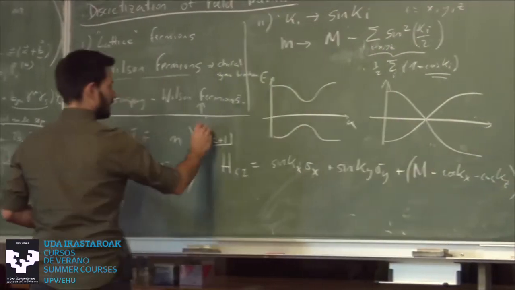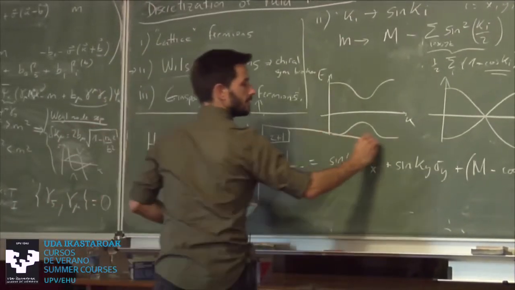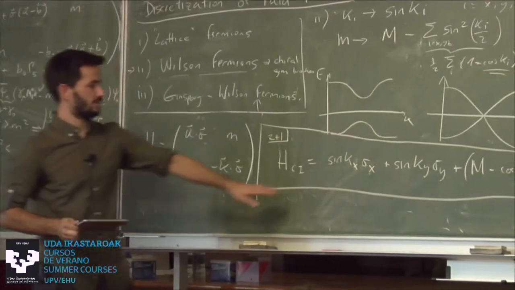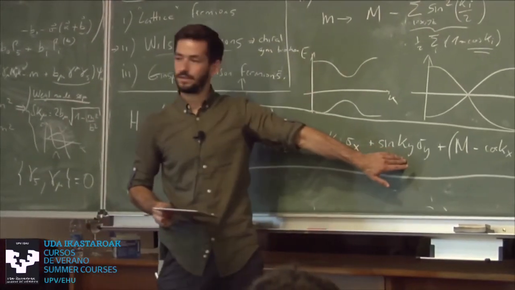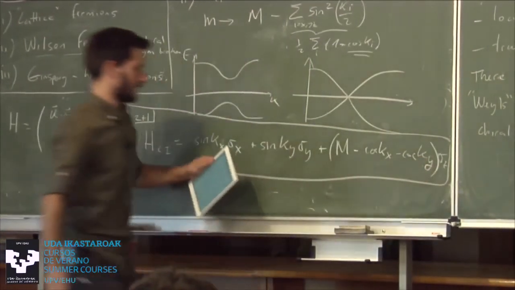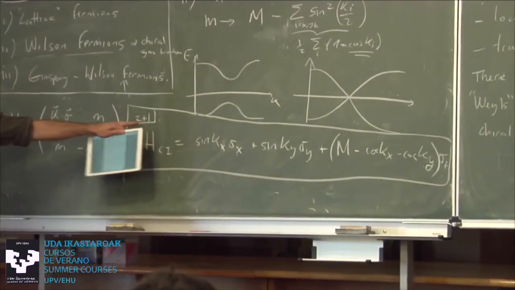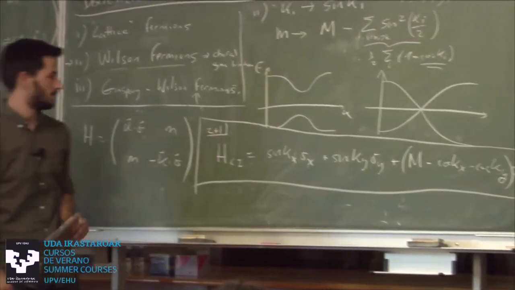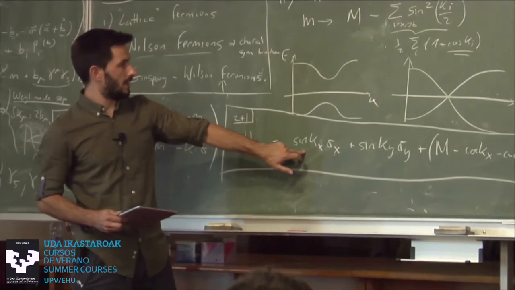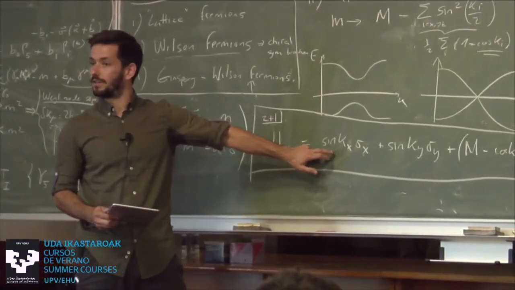So this Hamiltonian is defined in 2 coordinates in momentum space, so it's a 2 plus 1, so 2 space dimensions, one temporal component. And this is the 2D version of the Wilson fermion.